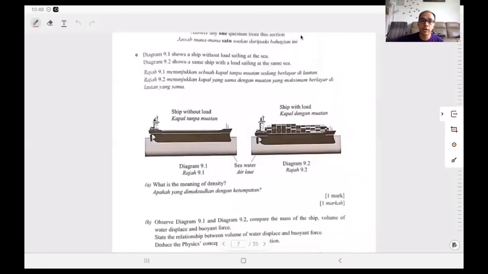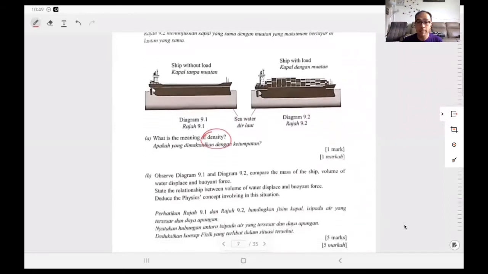In this question, it talks about the ship sailing without load, and then the ship sailing with load. Obviously, the one with load will sink more than the one without the load. What is the meaning of density has already been covered in the earlier question. Density is mass per unit volume. When you compare the mass of the ship, 9.1 is less than 9.2.